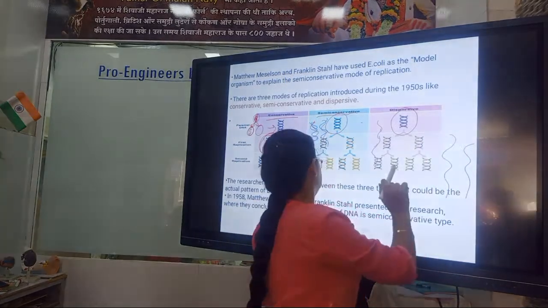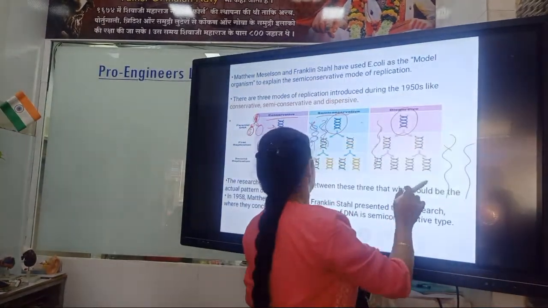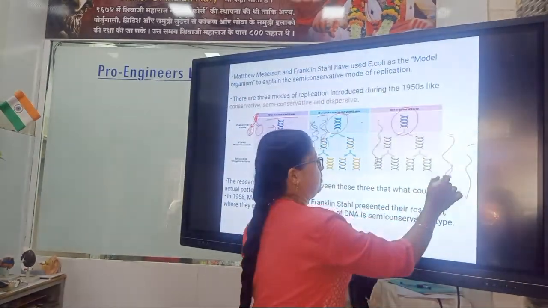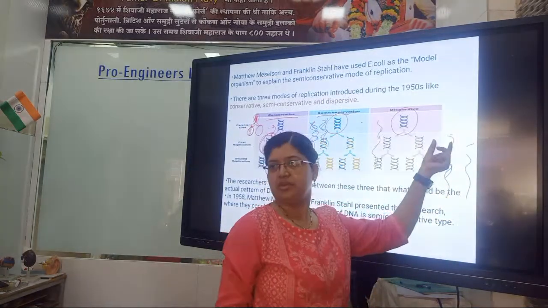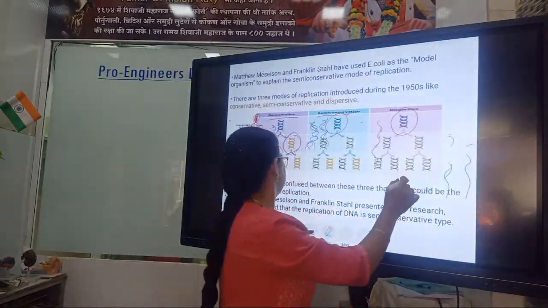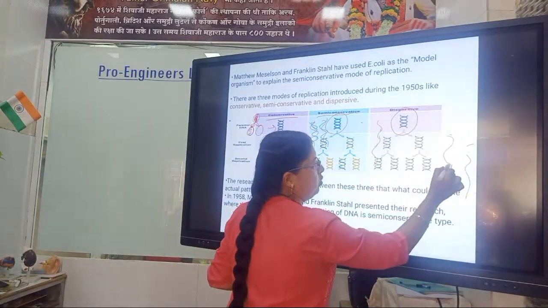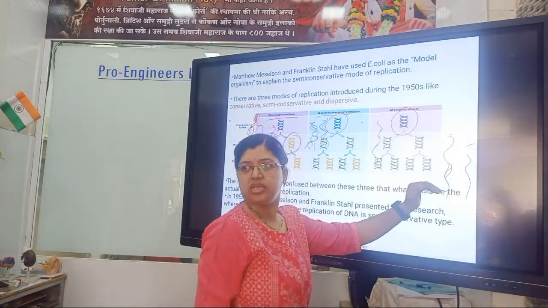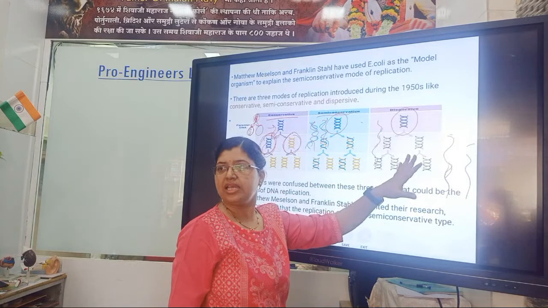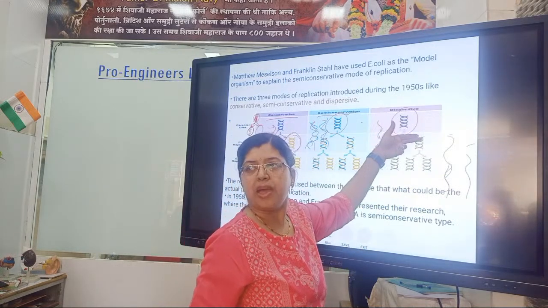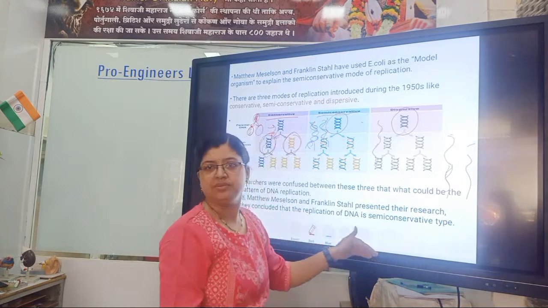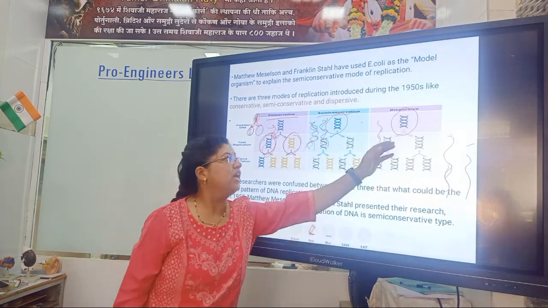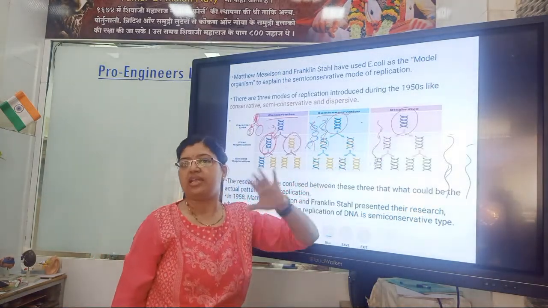These strands are cut, they break, and there is a formation of new patches or new strands. This is the dispersive method. Got it? The whole DNA is not transferred from parent to child; it is transferred in partitions. The genes located on the DNA get dispersed.